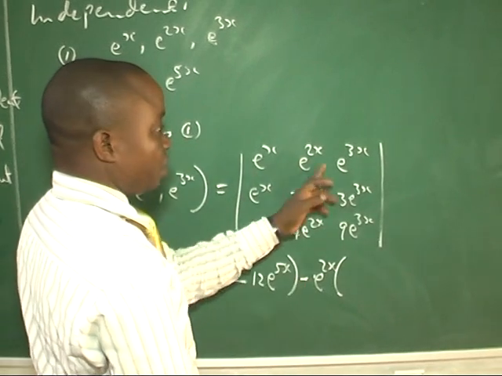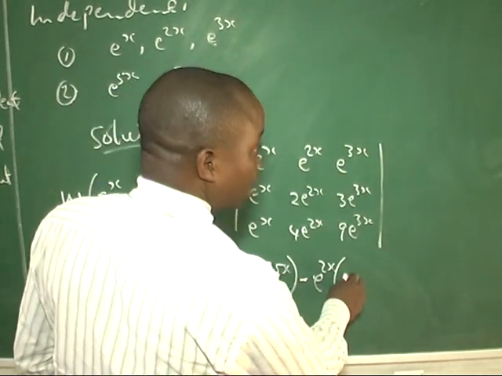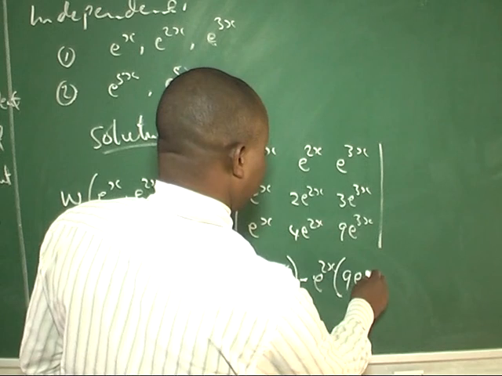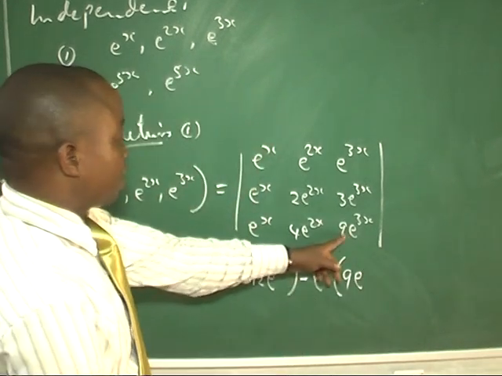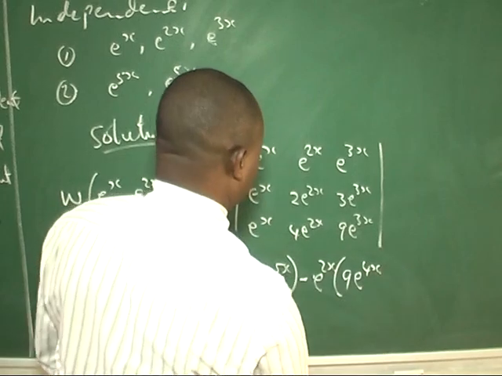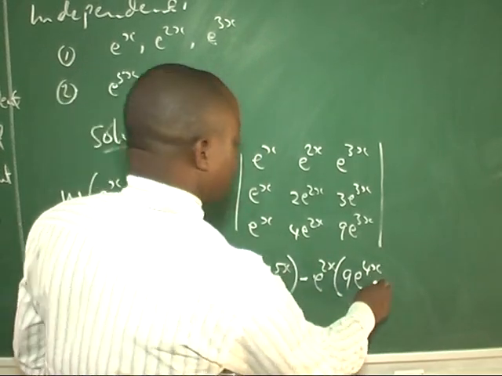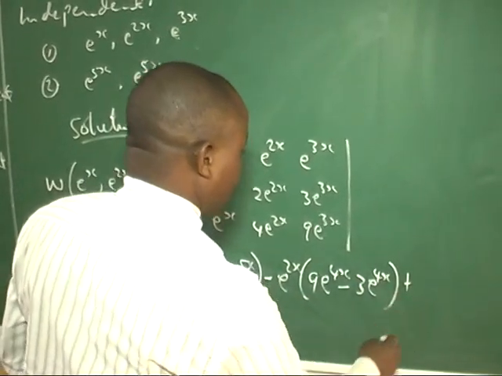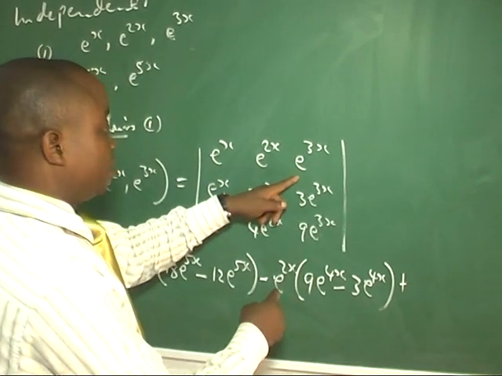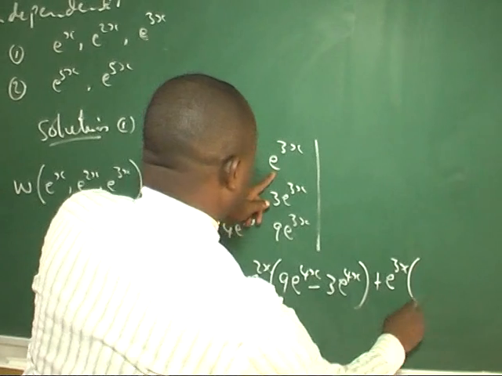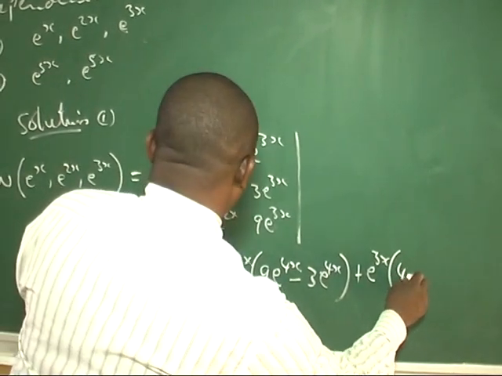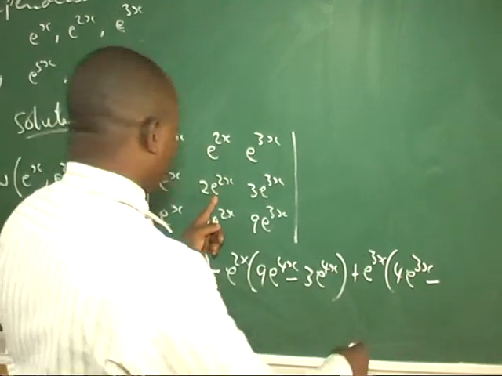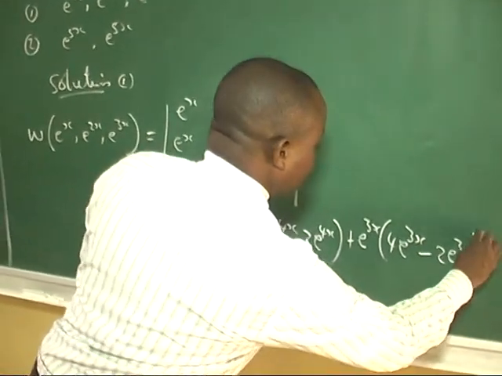We know here and here. Then you have 9 exponential 4x. So this times this, we have minus 3 exponential 4x, plus. Then taking this one, we have exponential 3x. This we have 4 exponential 3x. Then this time this will give us 2 exponential 3x.